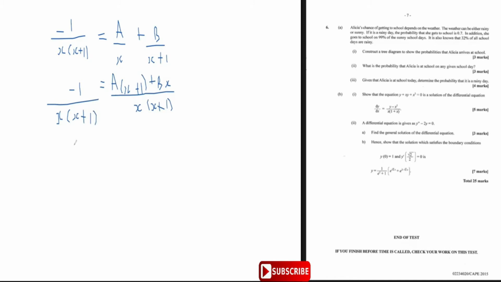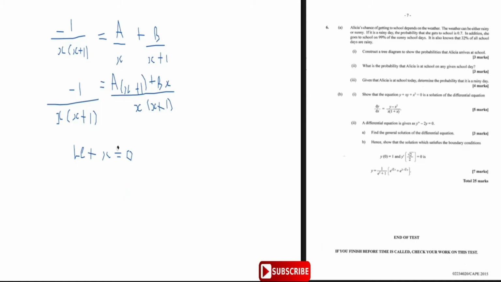You can substitute values, like let x be equal to 0. If x is equal to 0, what we're going to clearly see is that a is equal to minus 1. That's what we get for a.